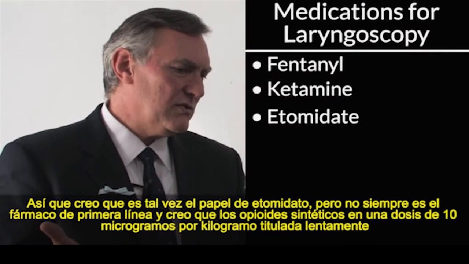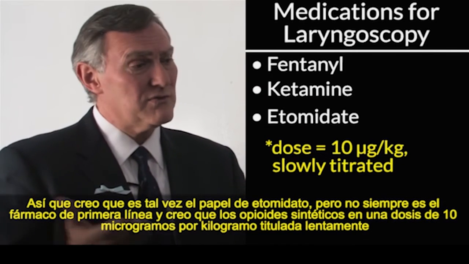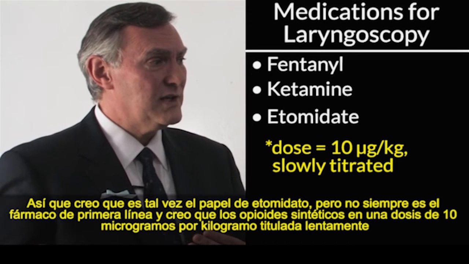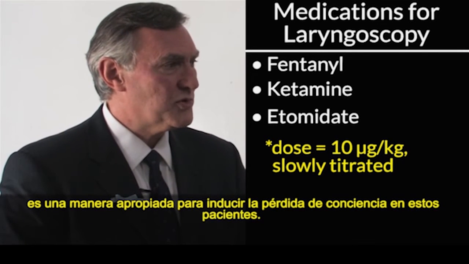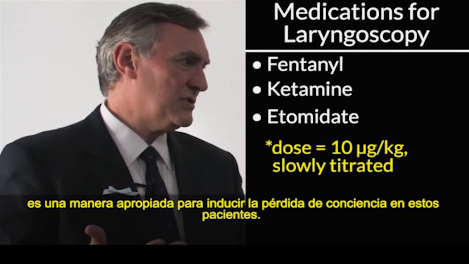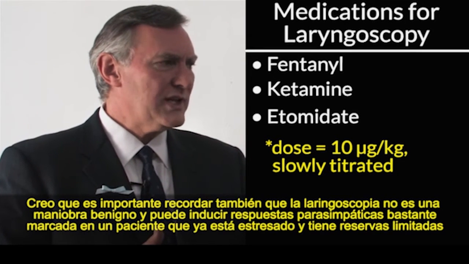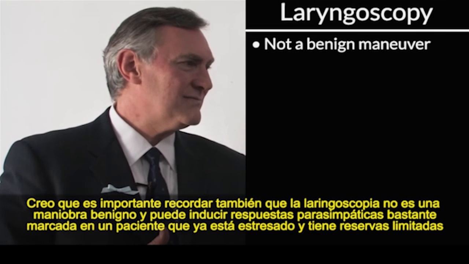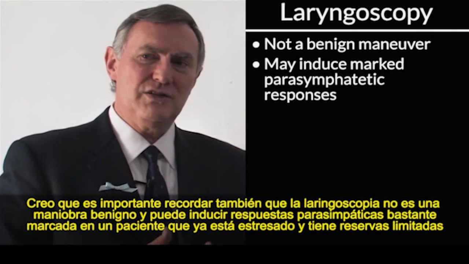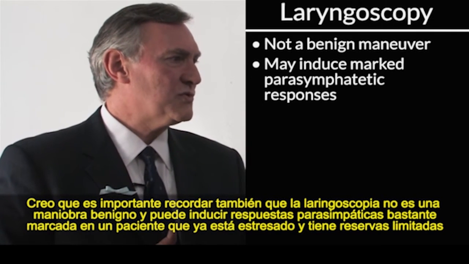And I think synthetic opioids at a dose of around 10 micrograms per kilogram, slowly titrated, is an appropriate way to induce loss of consciousness in these patients. I think it's important to also remember that laryngoscopy is not a benign maneuver and can induce quite marked parasympathetic responses.